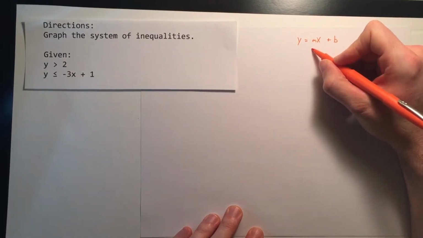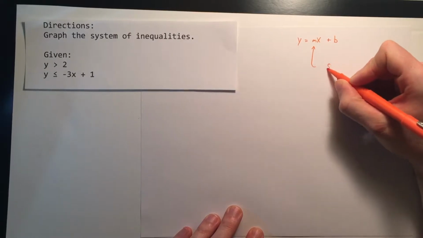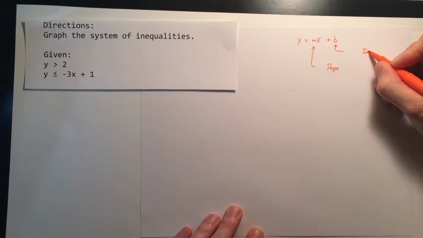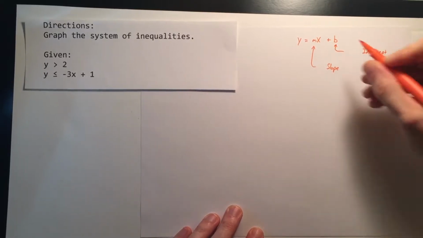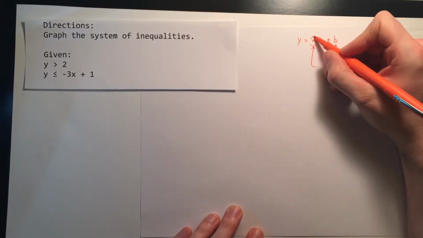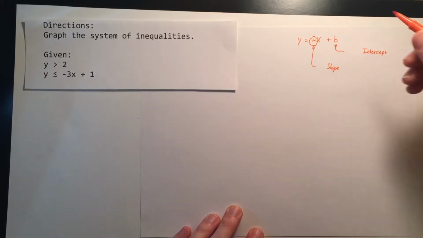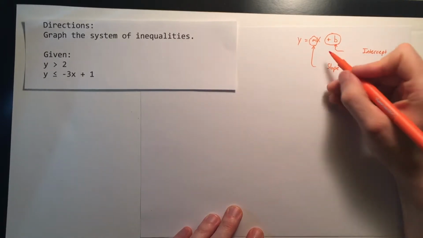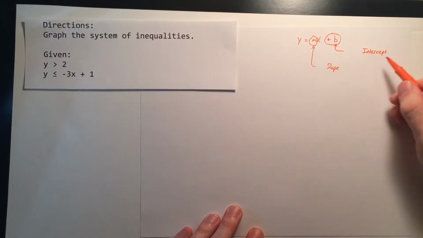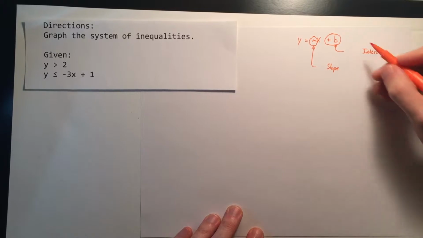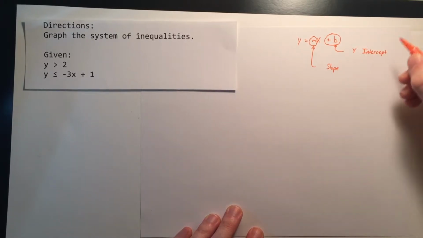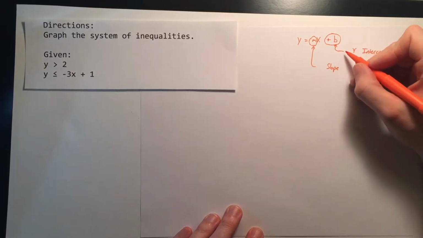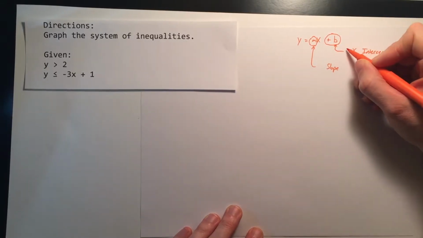Remember that we call this form slope-intercept form, where the slope is whatever the number multiplied by x is, m, and the intercept is whatever value this b is, including the sign, goes with the term to the right. Remember, intercept. Now specifically, this is the y-intercept, and not part of the name, but that's what it is. It's the y-intercept.